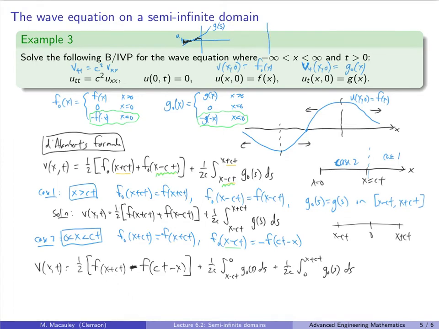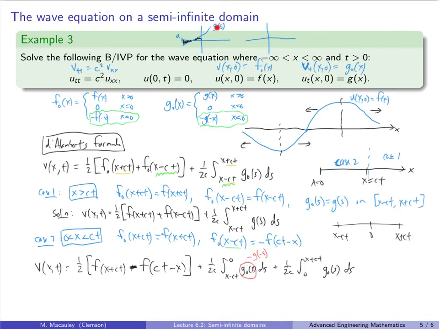Let's consider the function, because on this region, the function here is going to be negative g of negative s. So to integrate that in this region, we have to change variables. We can let t be negative s, but it's so easy to mess up those limits if we do that. It's not as hard with a picture.